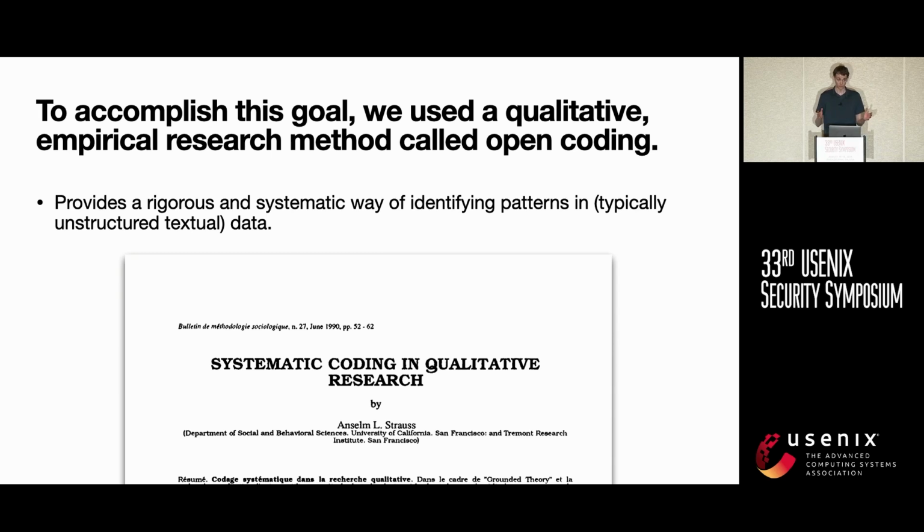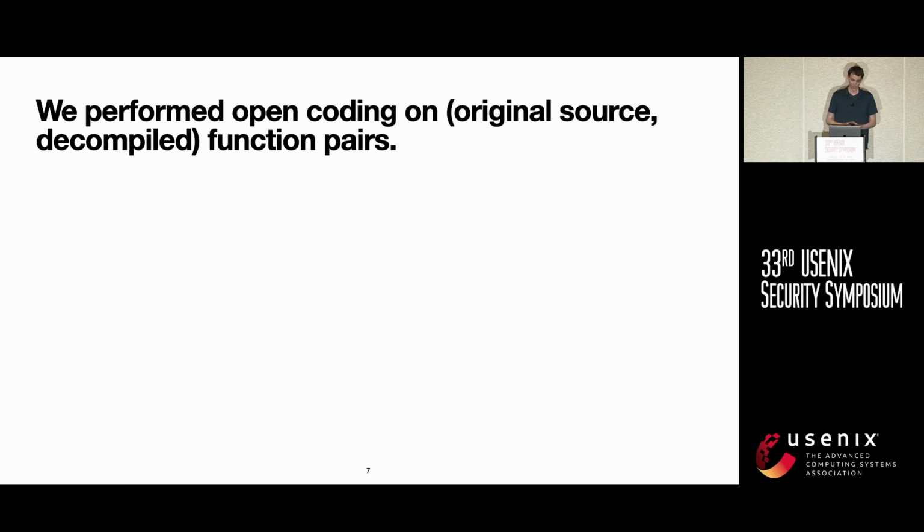To accomplish this goal of building this taxonomy, we used a qualitative empirical research method called open coding. And this provides a rigorous and systematic way of identifying patterns in typically unstructured textual data. We perform open coding on original source and decompiled function pairs.